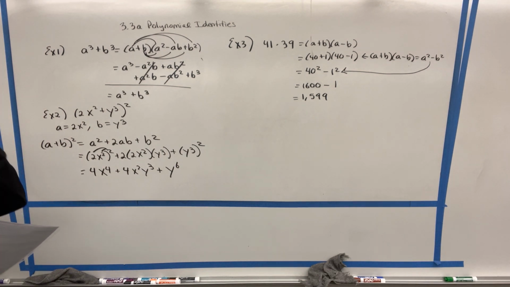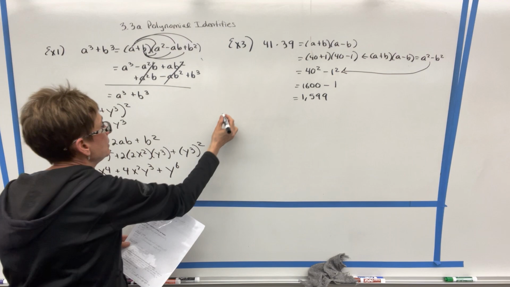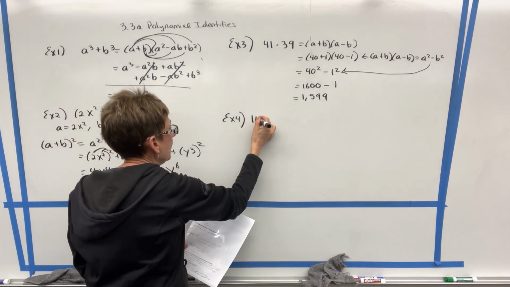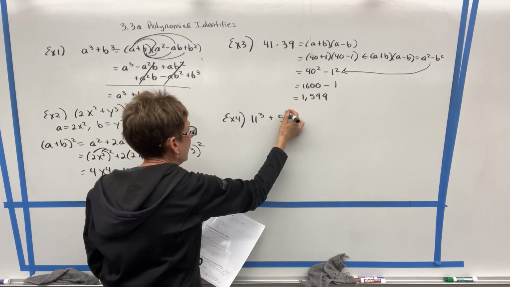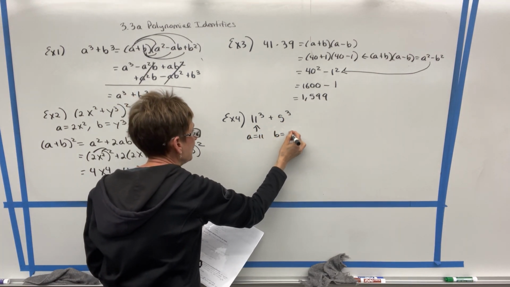Okay, we can also use polynomial identities to factor and simplify. So for example, let's say I want to do 11 cubed plus 5 cubed. Obviously my a is 11 and my b is 5.